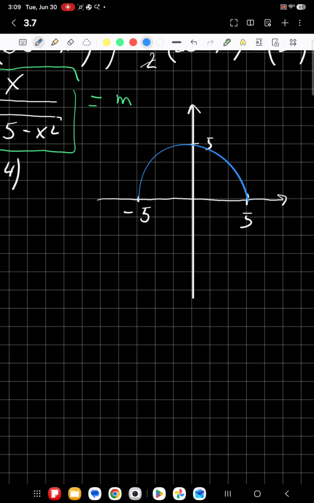Okay, let's say this is half a circle. So now, those 3 points, let's look at the first one, (3, 4). So what is (3, 4)? So (3, 4) will be somewhere here.